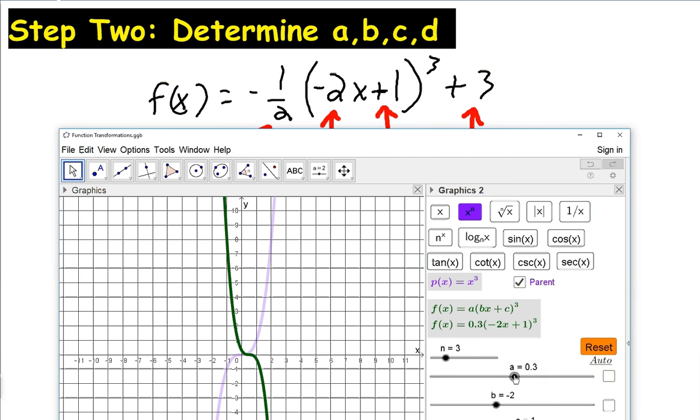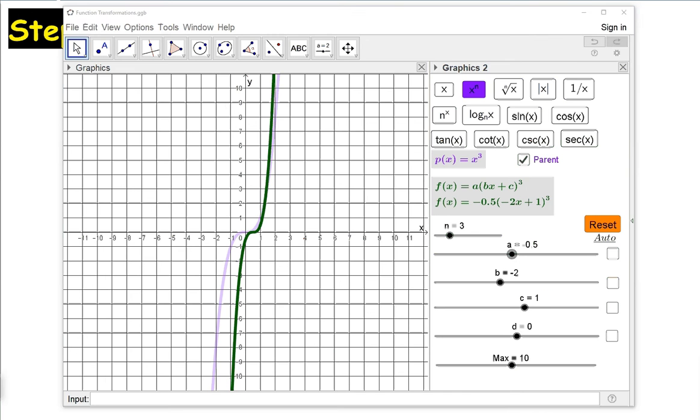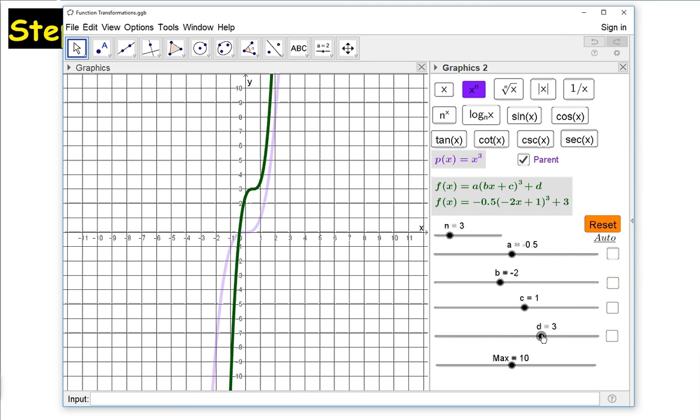Then we're going to make a equal to negative 1/2. So it actually has a horizontal flip and a vertical flip, as well as a vertical shrink. And then finally we're going to make d equal to 3. And when we make d equal 3, it's going to shift 3 units up. So that's a confirmation of the graph that we just graphed using our chart and simple process. If you have any other questions about this, let me know.